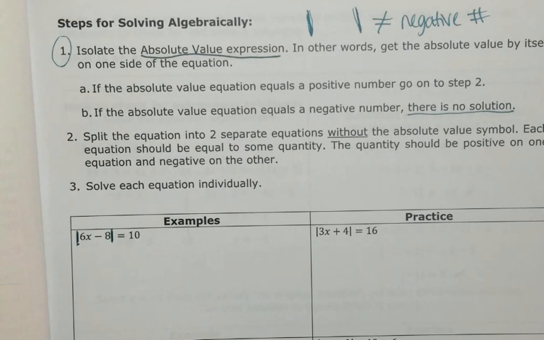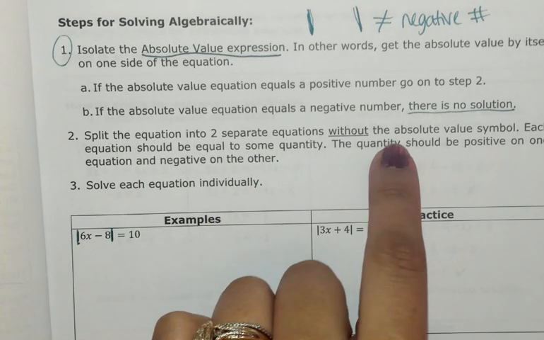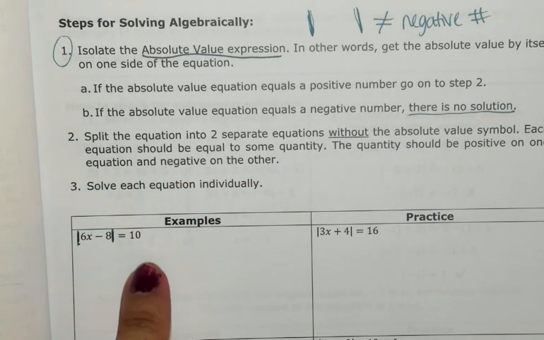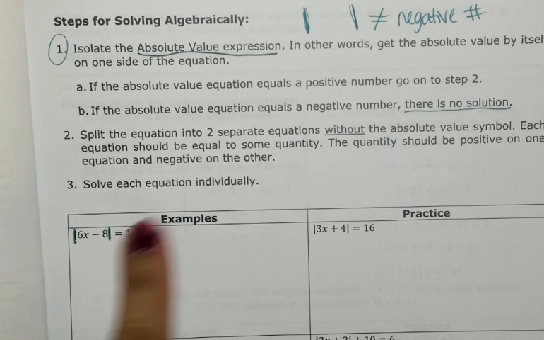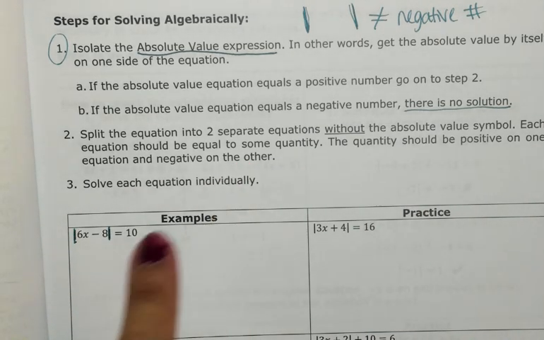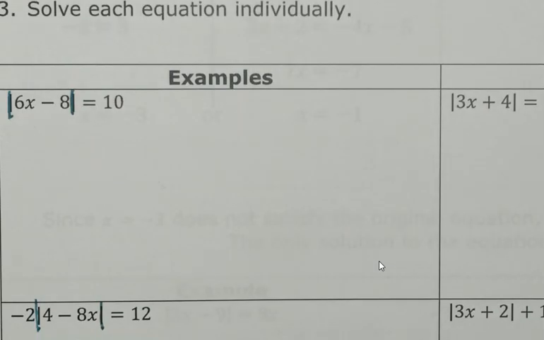So the first one here is already like that. So the step says split the equation into two separate equations without the absolute value symbol, and each equation should be equal to some quantity. The quantity should be positive on one equation and negative on the other. So let's see. We have absolute value of 6x minus 8 equals 10.